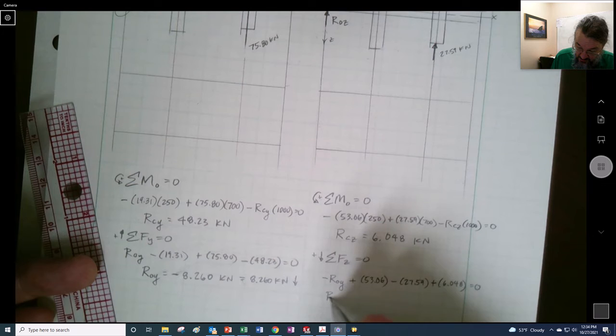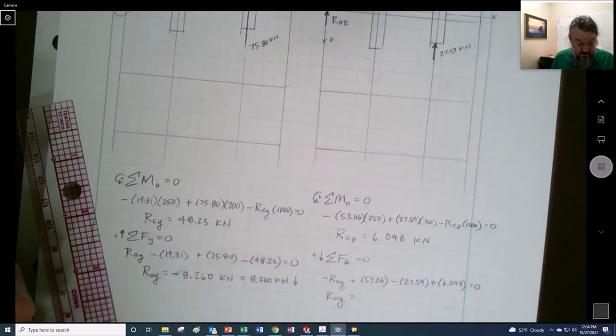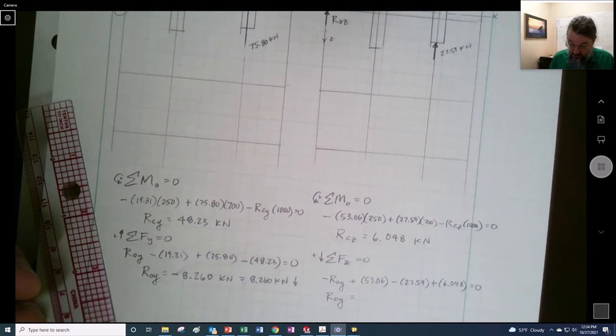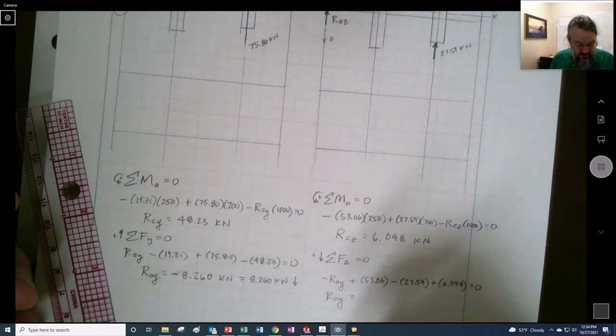Equals 0, so we get the RCZ, and 53.06. My calculator buttons are sticking, which is probably the source of any mistakes I've been making lately. Maybe it's time for a new calculator.